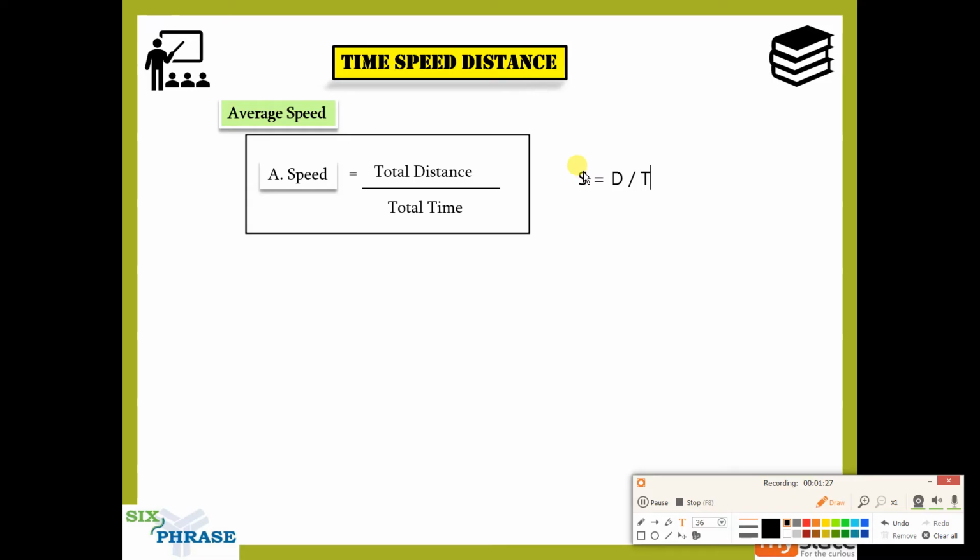Instead of speed we have average speed, instead of distance we have total distance, instead of time we have total time. It is the same formula, so you don't need a separate understanding or separate formula for average speed. It is the same formula, just with some extra decorations and additions, right? So this is the formula.